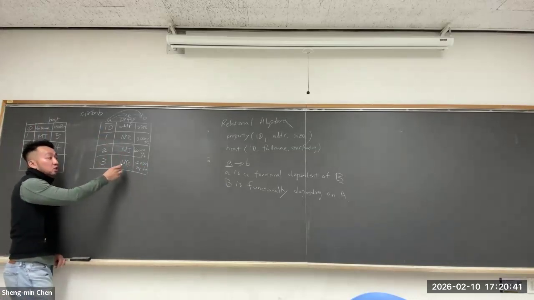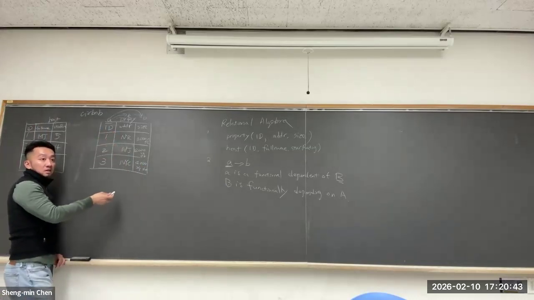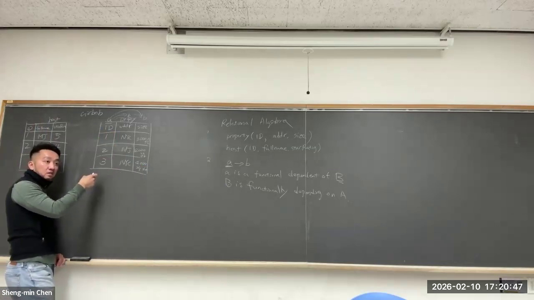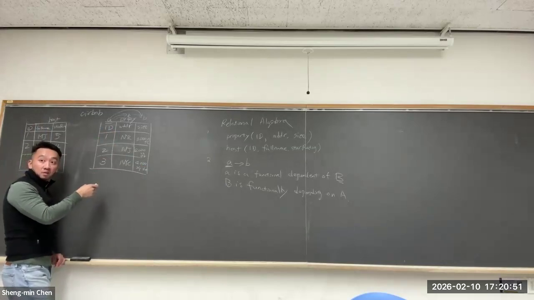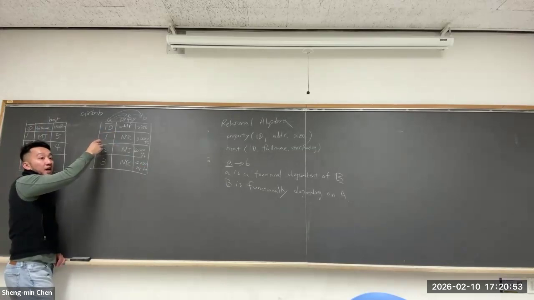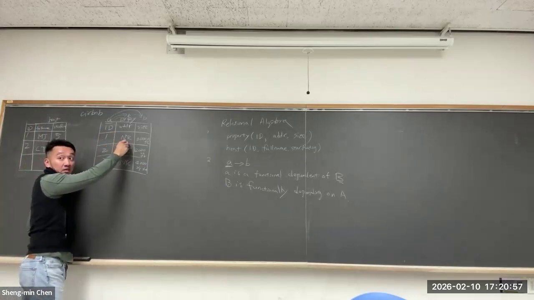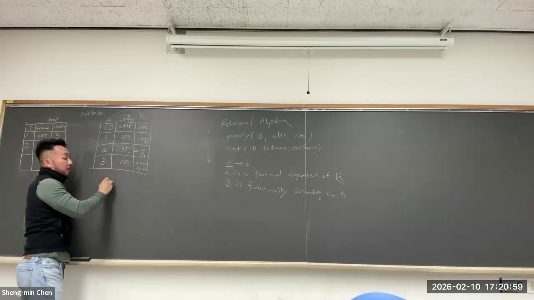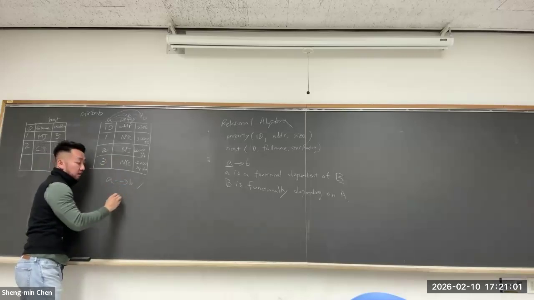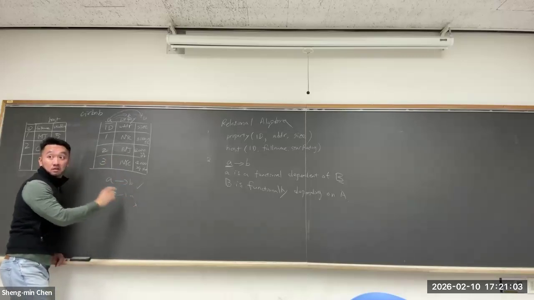Can I use NYC enough to tell me what A, in this case the ID, is? No, right? But if I do have the ID, I should be able to track what the city is. You see that direction now? A to B, yes. B to A, no.